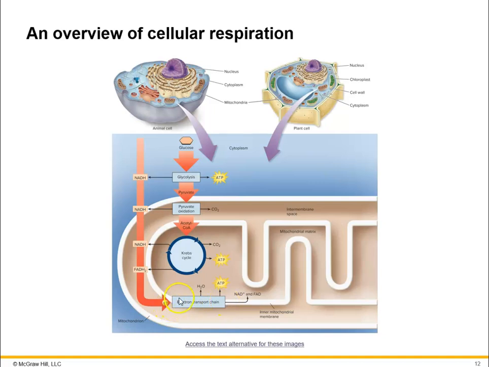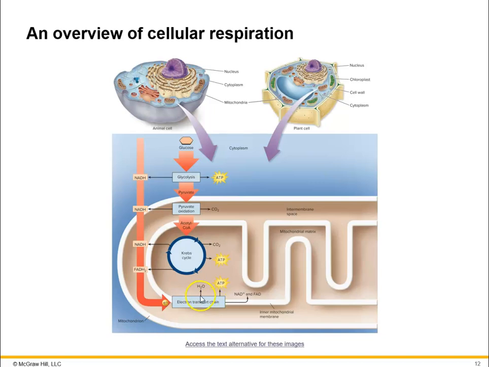So we'll have that gradient from our hydrogen ions that is going to allow for the ATP synthase channel to function. That synthase channel is going to be phosphorylating ADP into ATP with 3 phosphates. So that is where the majority of our energy production comes from.